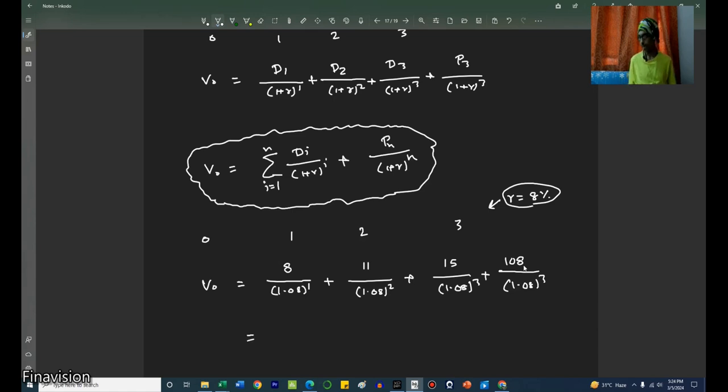So let us calculate it quickly. The first term is 7.4.